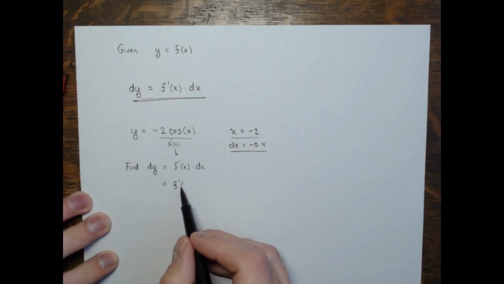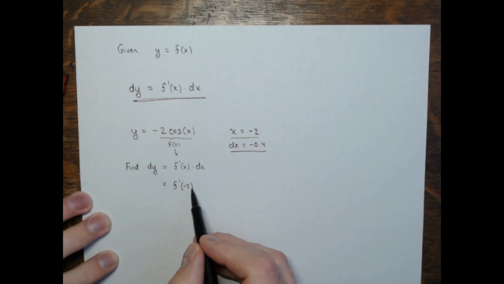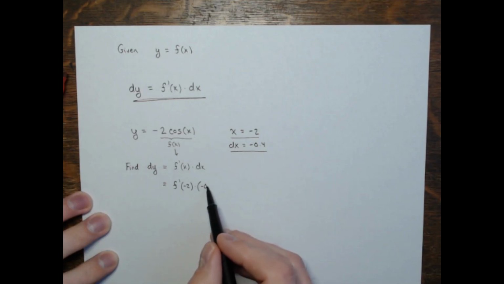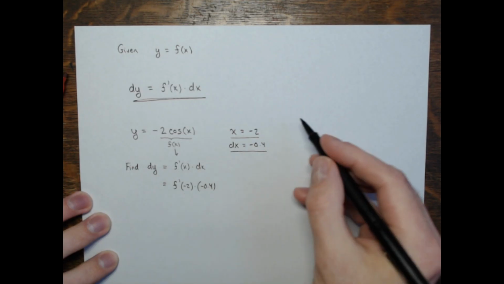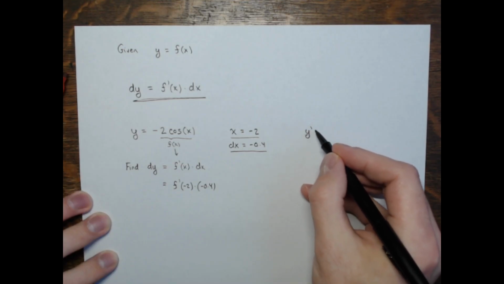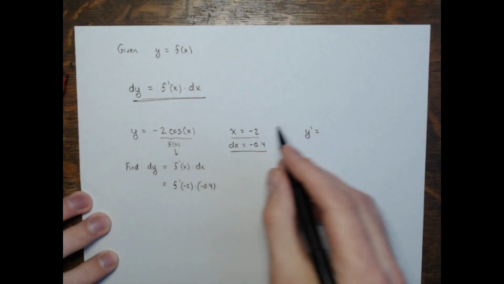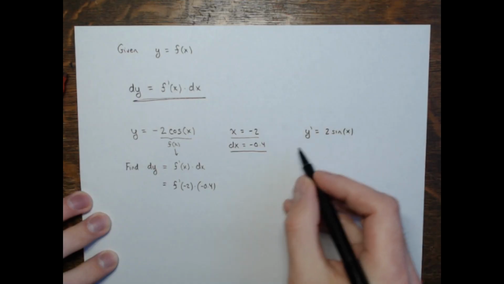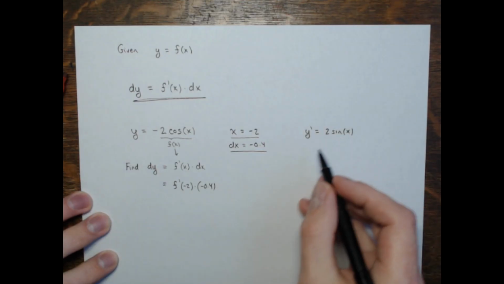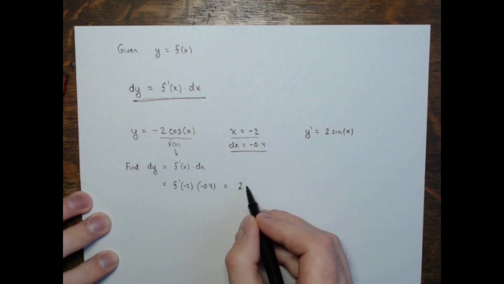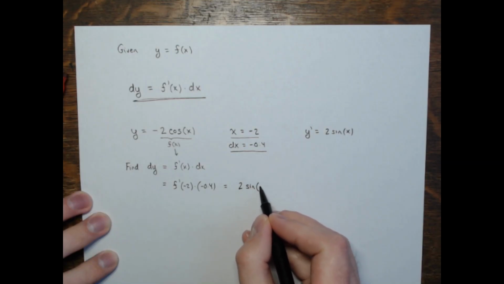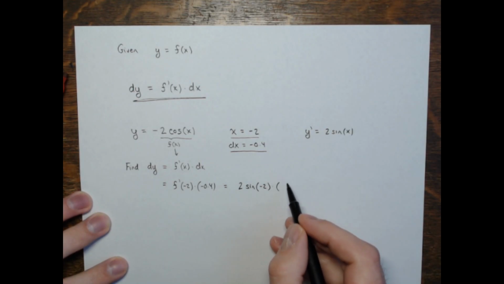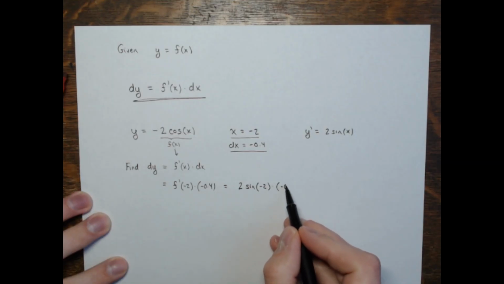So I need f prime at -2. All right, this will be my slope times, and then the change in x they gave us was -0.4, and we'll multiply these. Now f prime, all right, y prime, f prime here would be +2 sine of x. So at -2, this would be +2 times the sine of -2, and then times -0.4.